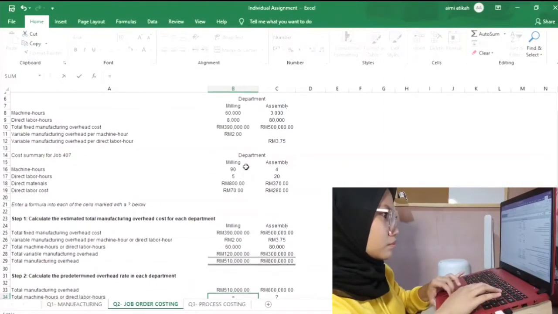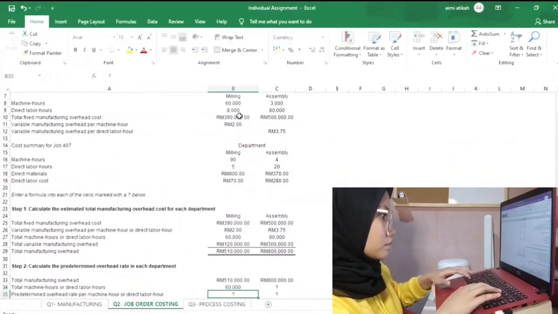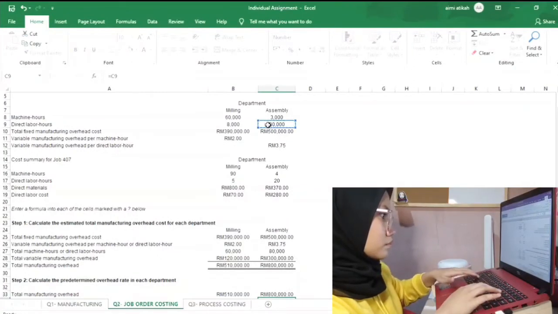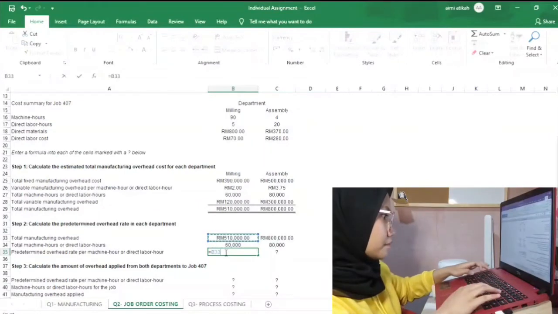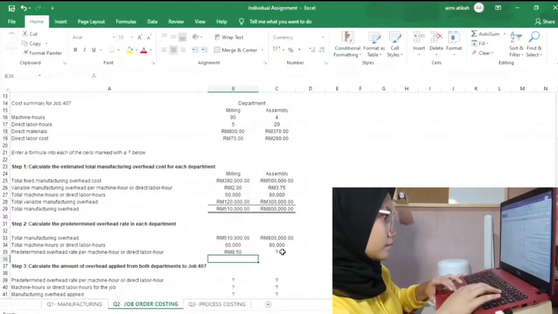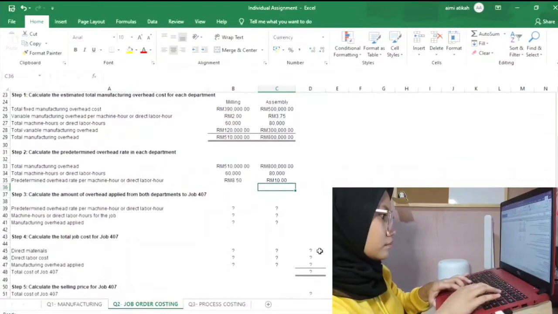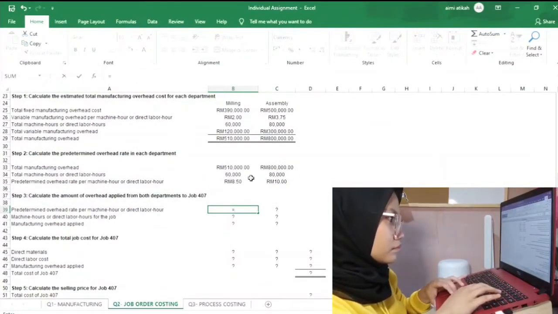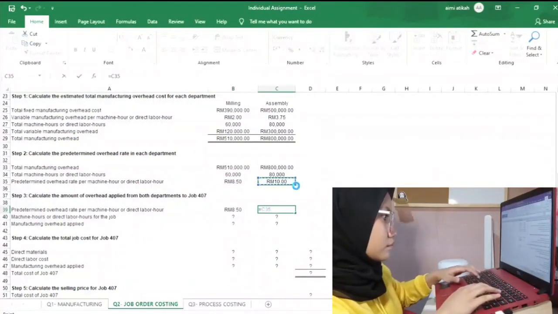And as for the predetermined overhead rate per machine hour, I will take total manufacturing overhead divided by total machine hours, and do the same for assembly.